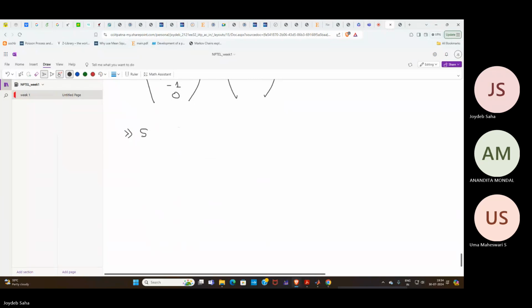Set A, what is set A, and set B. A is A1, A2, A3, A4, and so on.